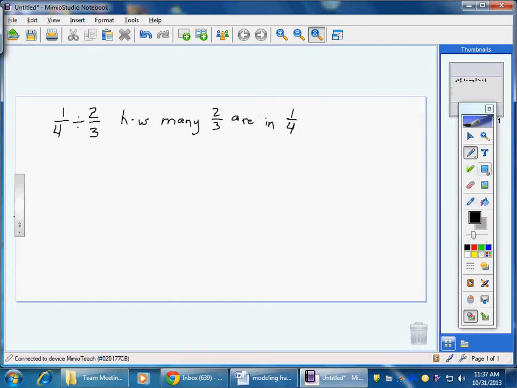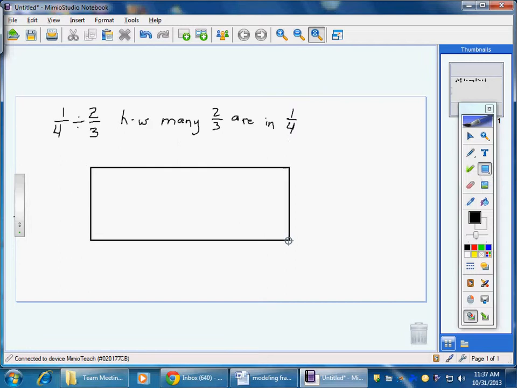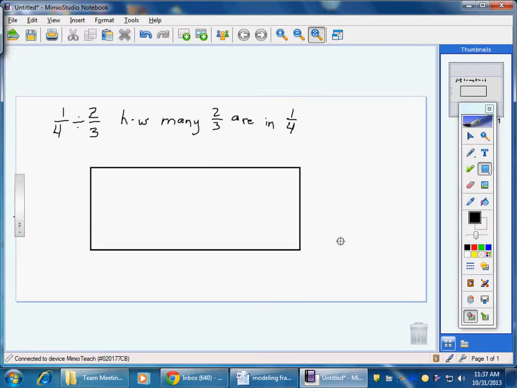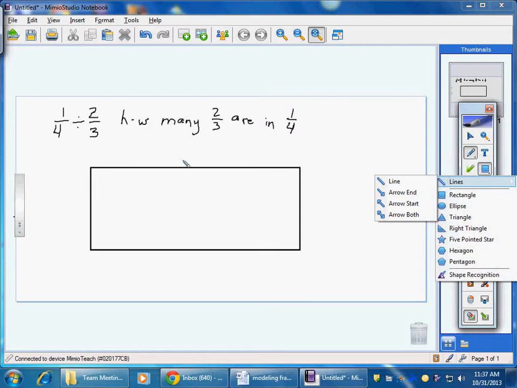So I'm going to do a couple things here and see if I can draw some shapes that actually will help us see that. So the first thing that we want to do from our model is to actually model 1/4. And so to do that, I've drawn a box that is going to serve as my 1, and now I want to draw some lines that will divide that into fourths.